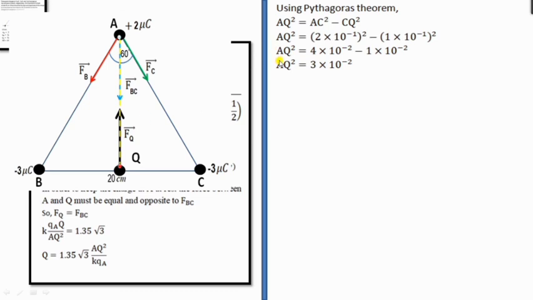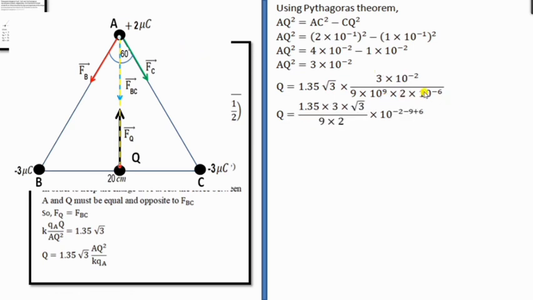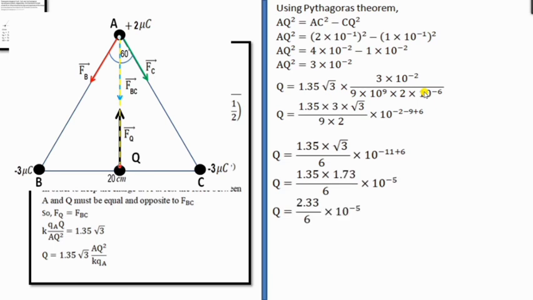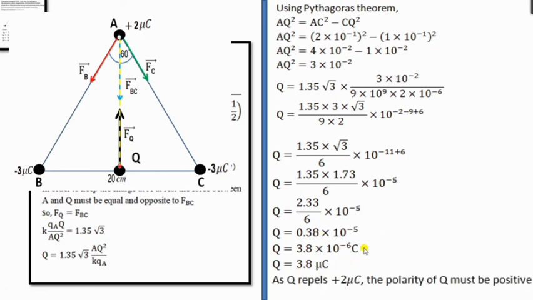We will not find AQ because in our equation we need AQ square, so we will directly put AQ square here. After putting all the values, and QA was already given, that is 2 microcoulomb, you will get Q to be 3.8 into 10 to the power minus 6 coulomb.